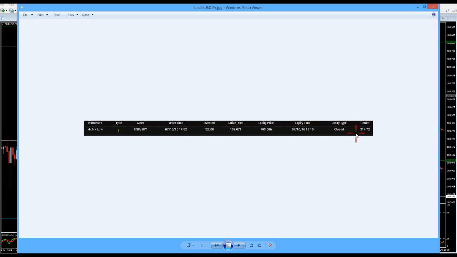But as you can see, I invested this amount, the return was this amount, so it was a winning trade. And you can see the price, the entry, and the expiry. So same asset, and the expiry was about 23 minutes.